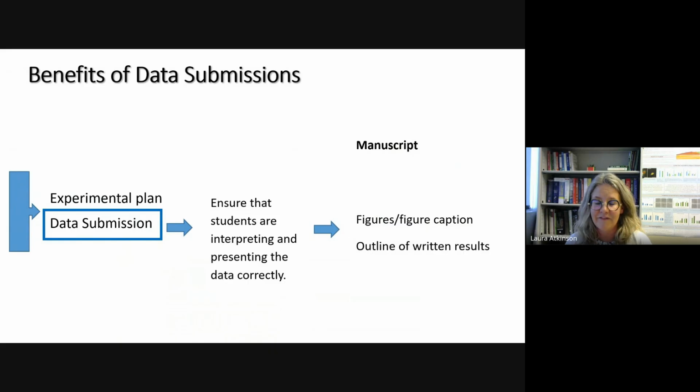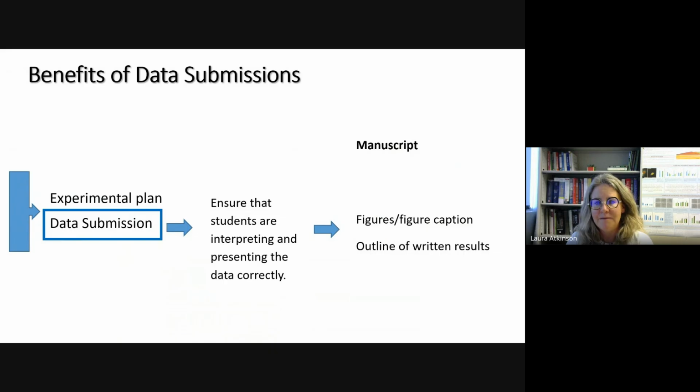So one of the things that I found with final manuscripts is that it comes at the end of the semester, the students are pounded with all sorts of things in their classes, and they just don't have enough time to sit and think about their data and really present it in a meaningful way.